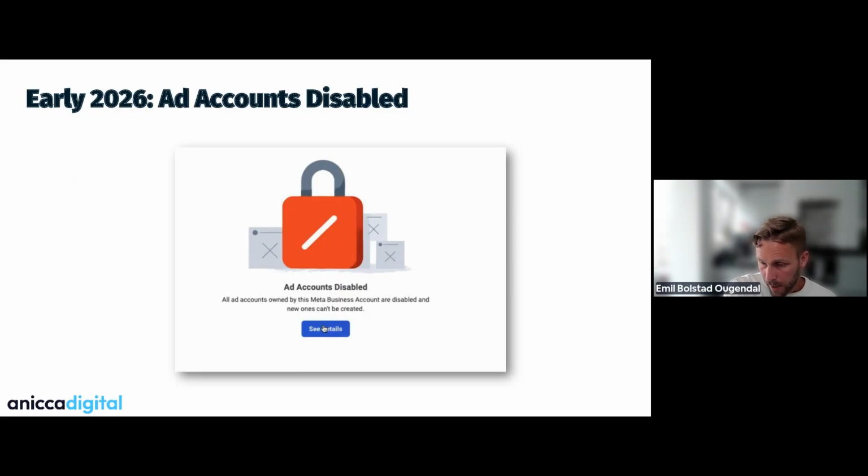Essentially, I think people were connecting Claude and other AI platforms, and the speed of the data was triggering the APIs to the point that it was flagged as suspicious activity, and essentially accounts were disabled. We're talking about companies that had advertised on Meta for decades, that had spent hundreds of thousands, millions, and they were still getting disabled.